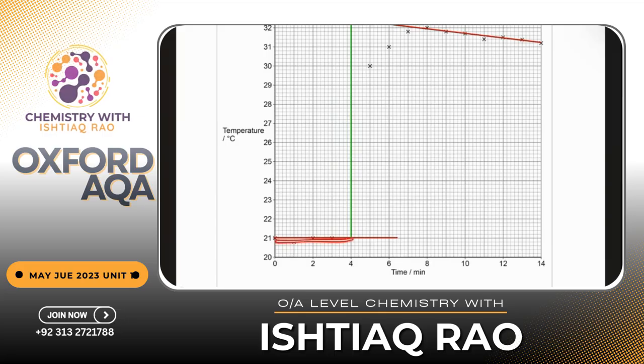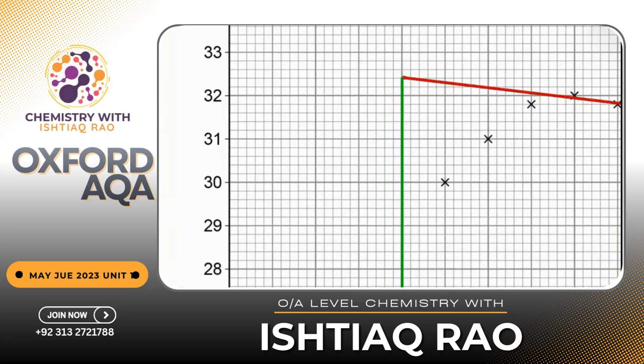So this one is 21, right? And if this is 32 and this is 33, then this is 32.2, 32.4, 32.6, 32.8, 33.